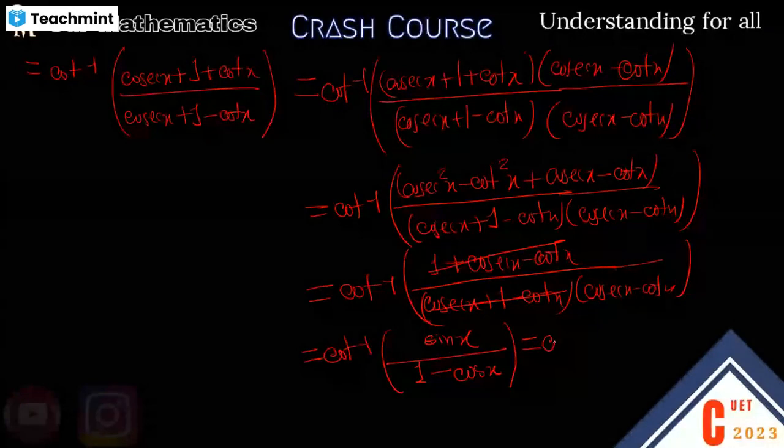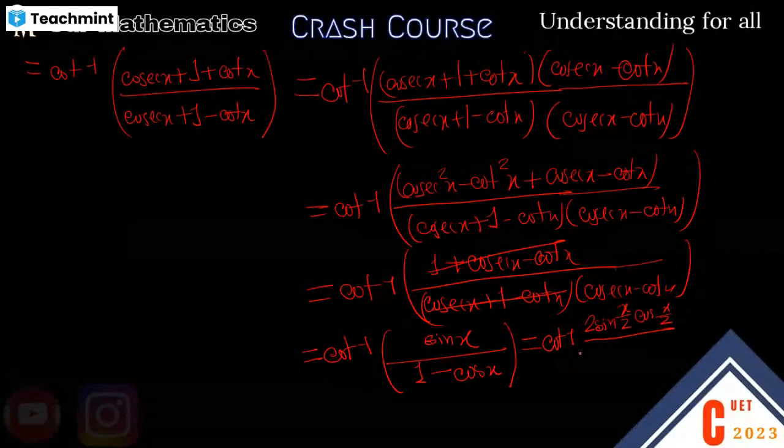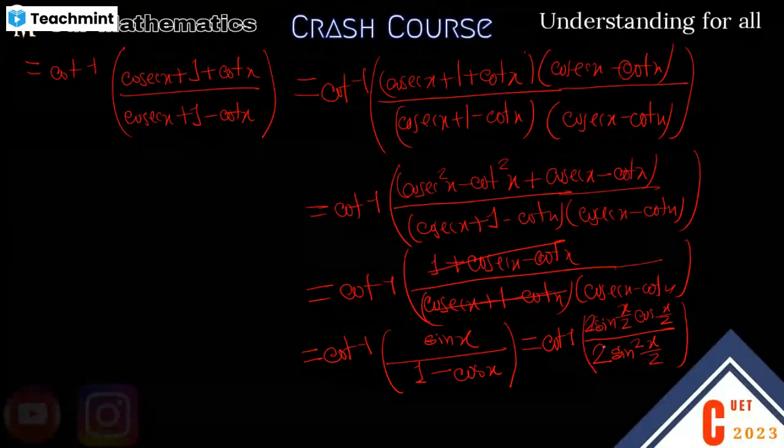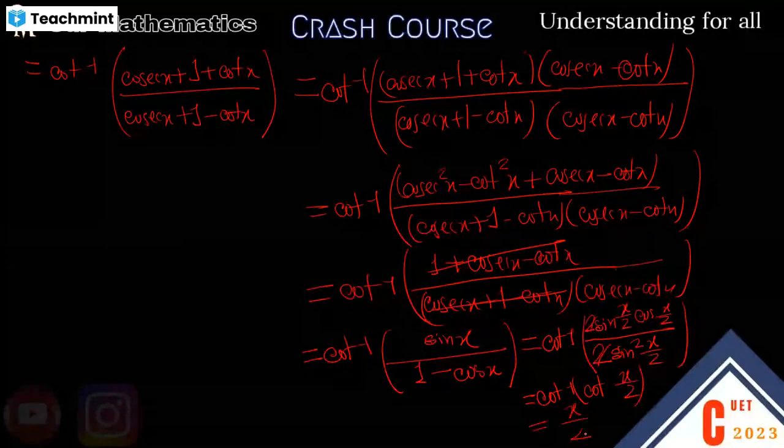Now write this as cot inverse. We can write sin x is equal to 2 sin of x by 2 cos of x by 2, divided by 1 minus cos 2 into x by 2, that is 2 sin square x by 2, and now it will become cot inverse of cot of x by 2, which is equal to x by 2.